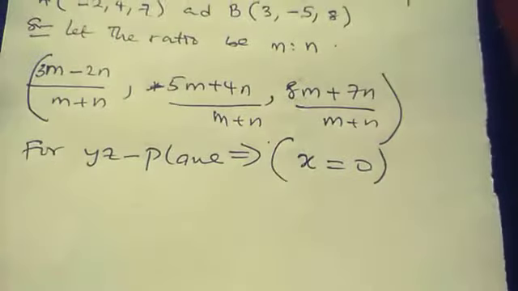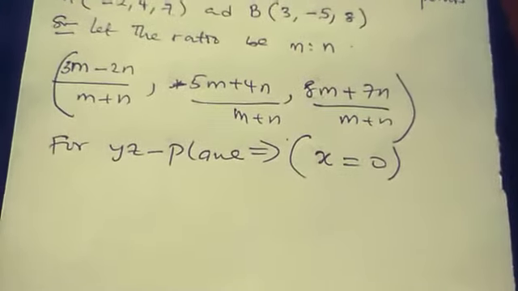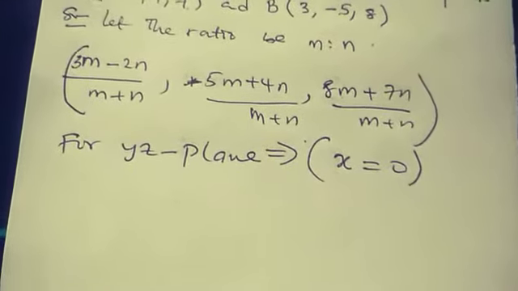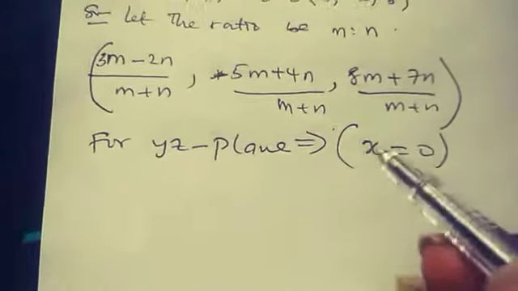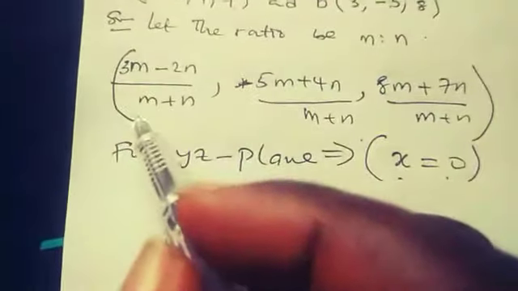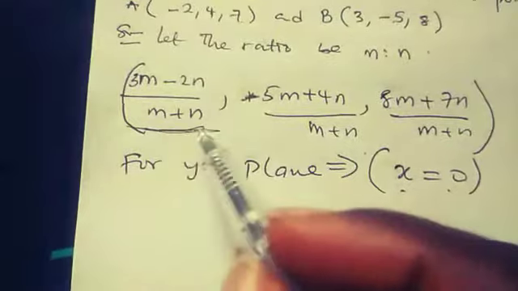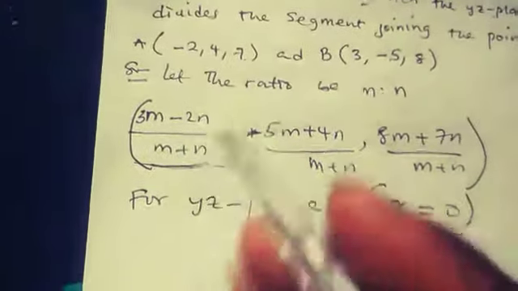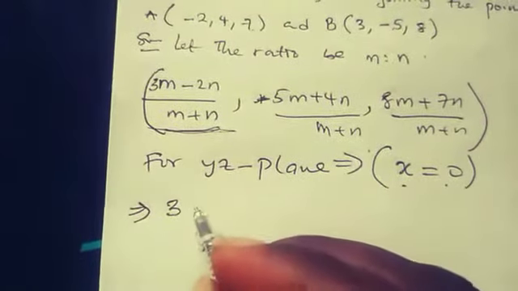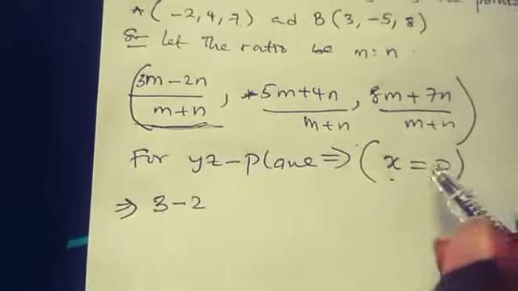If you say y-axis, we mean that is where x is 0. If they say x-axis, that is the point where y is 0. So the YZ plane is where x is 0. And this is the x coordinate of the point that the ratio divides. So this place will be 0. So in that case, we have that x is 0.